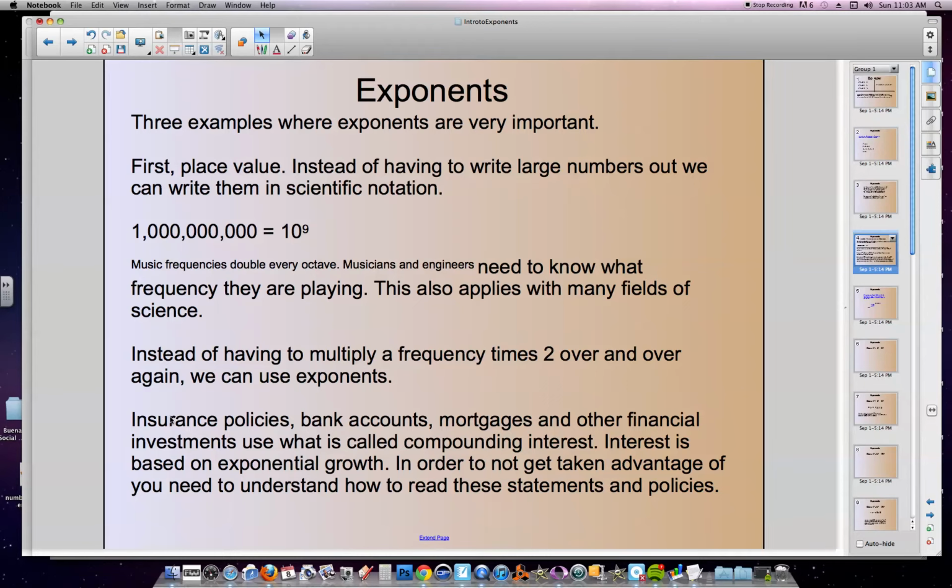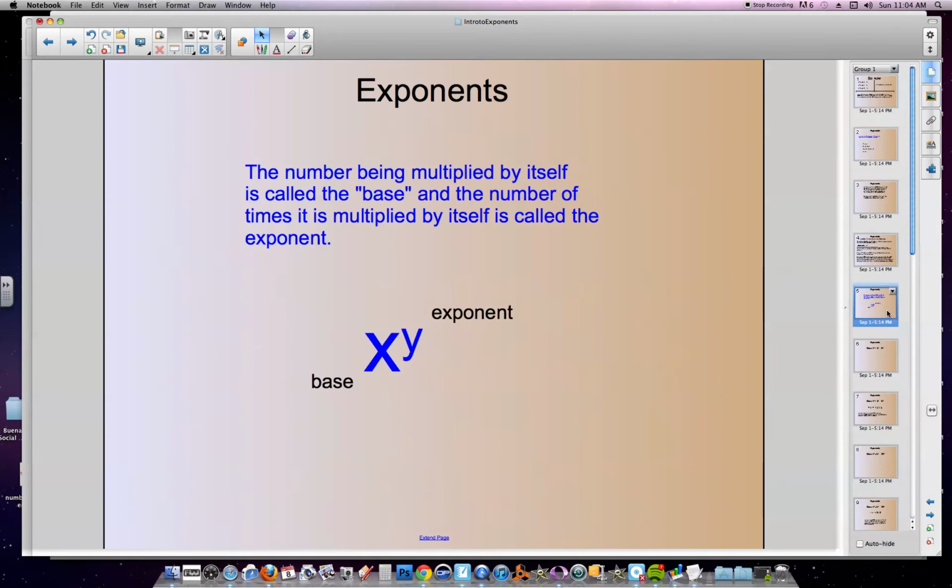And if you've ever had a bank account or a mortgage, especially to any parents that are watching this, you might be familiar with this concept of interest, especially with loans. To understand how to read these things, we need to know a little bit about exponents. And this is great to not get taken advantage of by your insurance policy, or to know how much you can actually expect from your mortgages. So anyways, just an idea that this isn't just some other random math thing, that this actually exists and is used in the world around us.